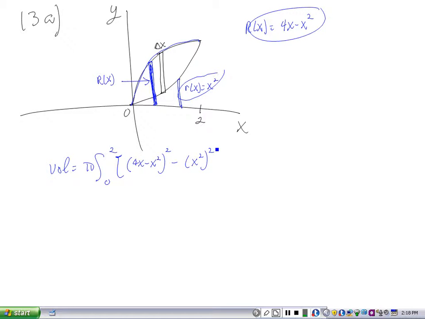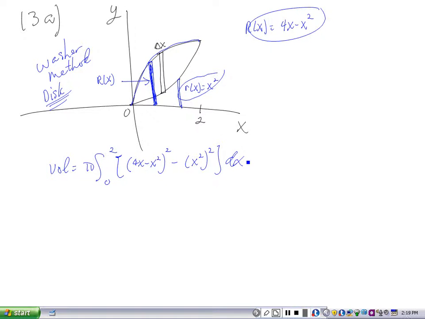This is x squared to be squared. This is the washer method, right? Up under the header of the disk method, dx. And you calculate that and you get what you want.